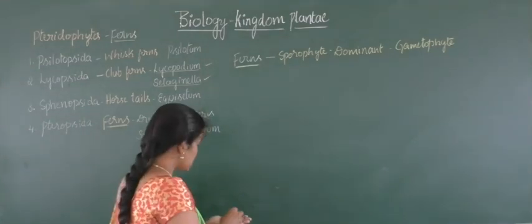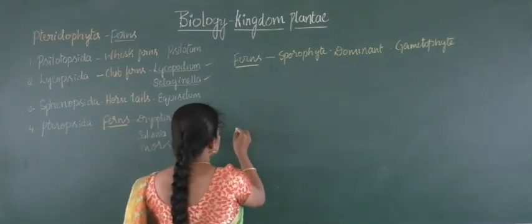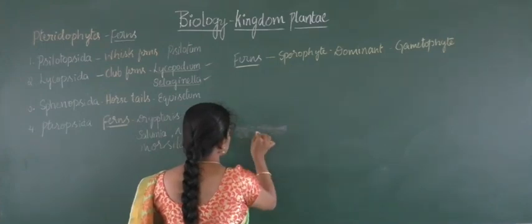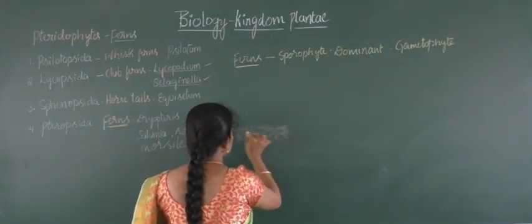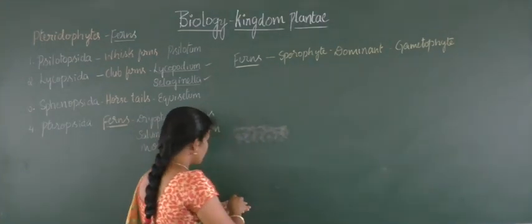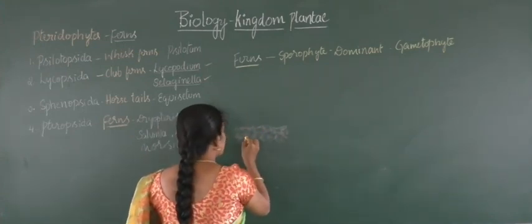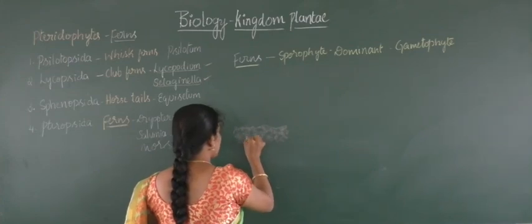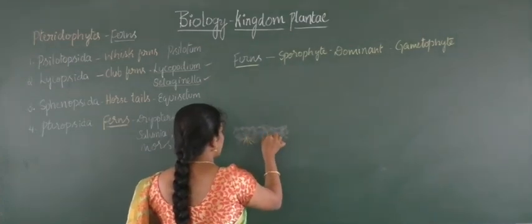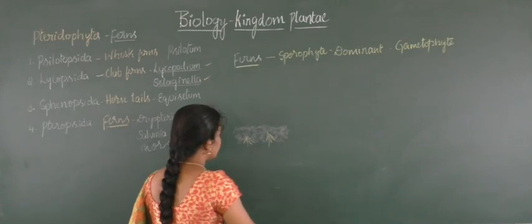Now we start understanding in detail the structure of one of the ferns. See, if you consider this as the soil surface, then there will be a presence of roots. There will be true roots, you know that. Here also true roots will be there.